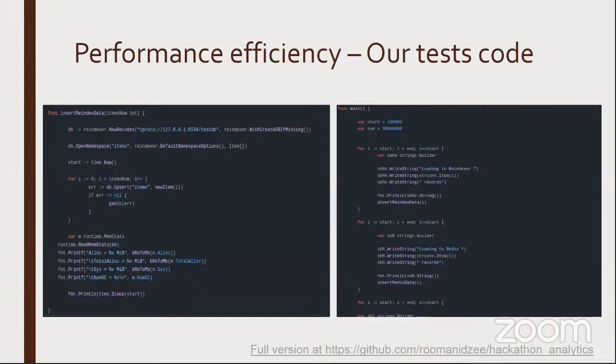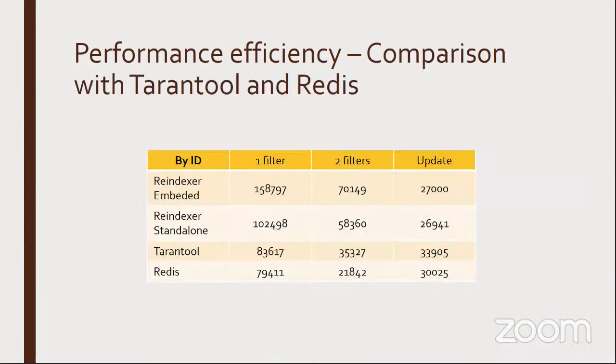We wrote some stress tests that showed us that the index is okay. That's all. It's okay for our stress test. Next slide, please. We ran some stress tests to compare Reindexer with Tarantool and Redis, and some values on these slides we took from our benchmark.